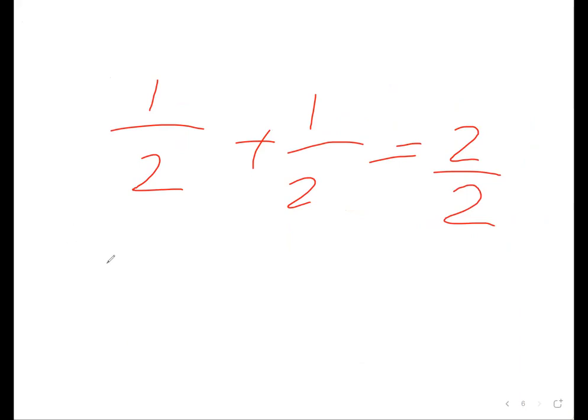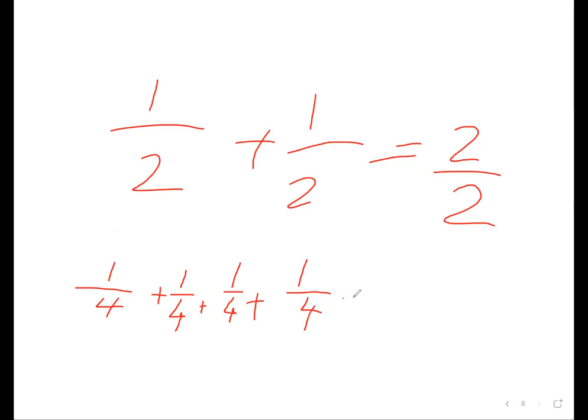Easy. What if I want to do it with a different number? For example, when I have 1/4 plus 1/4 plus 1/4 plus 1/4.